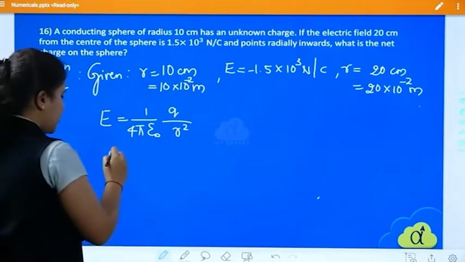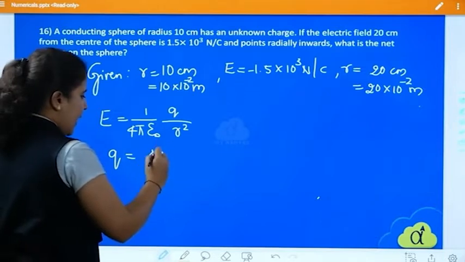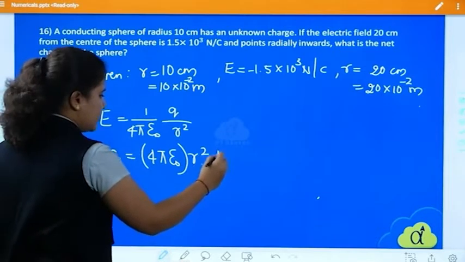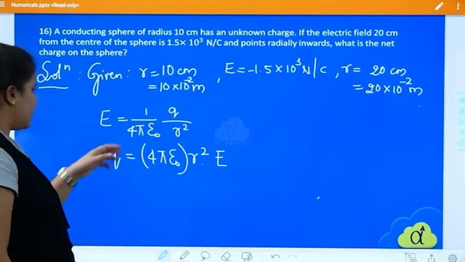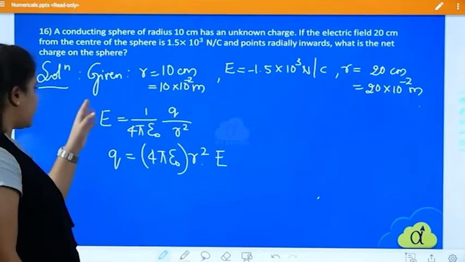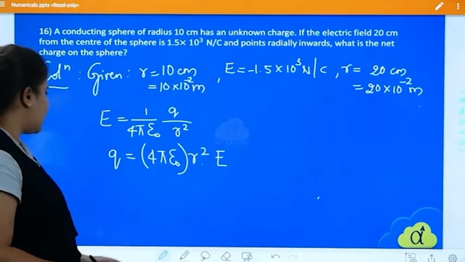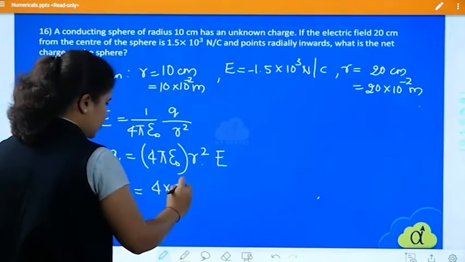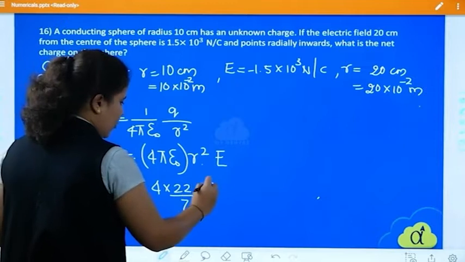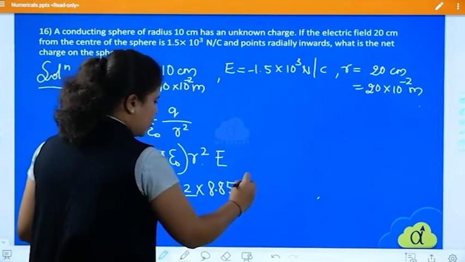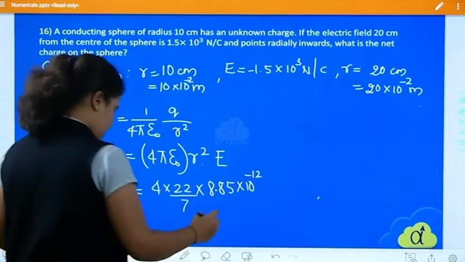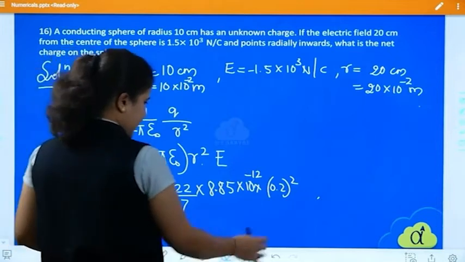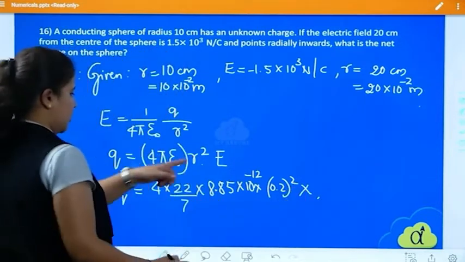So what happens to Q? Q is equal to 4 pi epsilon naught into R square into E, because 4 pi epsilon naught R square is here, and multiply it with E. After substituting, Q is equal to 4 into 22 by 7 into 8.85 into 10 raised to minus 12, into 0.2 whole square, and into E. What is E?